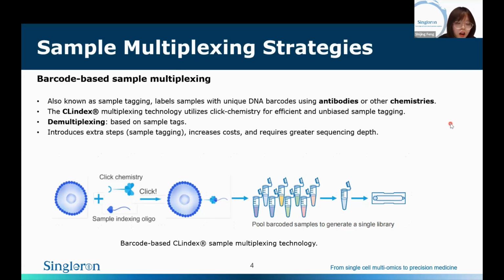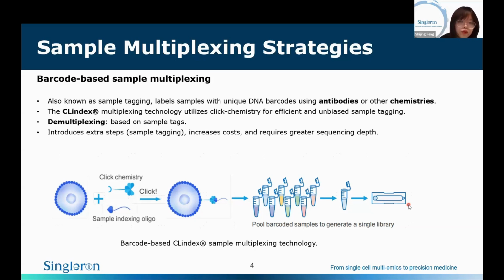Our company has a barcode-based product called CleanDex, which uses click chemistry for efficient and unbiased sample tagging. After the chemistry is linked to the samples, these samples can be pooled together as a single library for the later procedures.